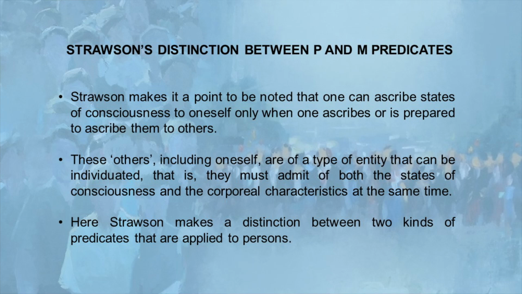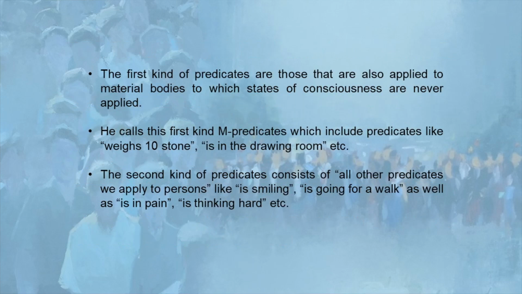Now, if we see Strawson, we will find that he makes a distinction between two kinds of predicates that are applied to persons. The first kind of predicates are those that are also applied to material bodies, to which states of consciousness are never applied.